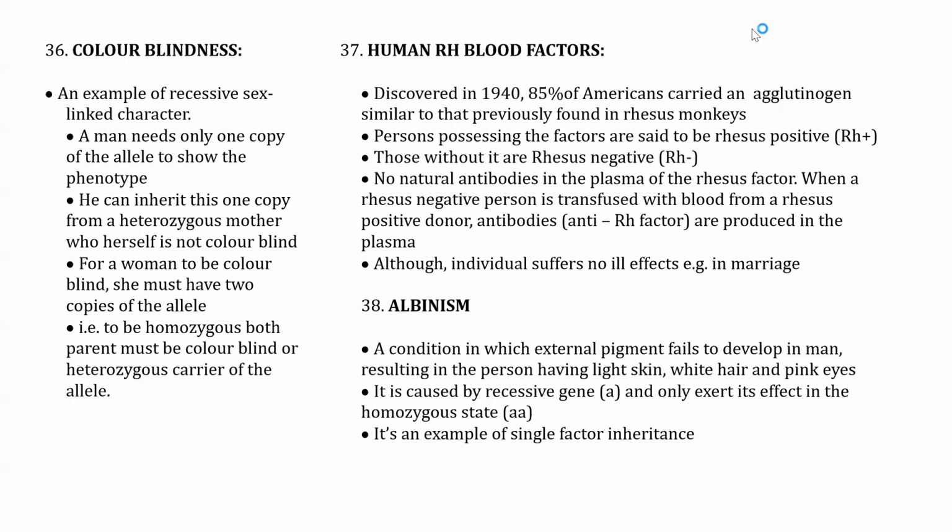Now, a rhesus negative person can give a rhesus positive person blood, because the rhesus positive person does not have any antibodies that will fight against the rhesus negative blood that is coming in.